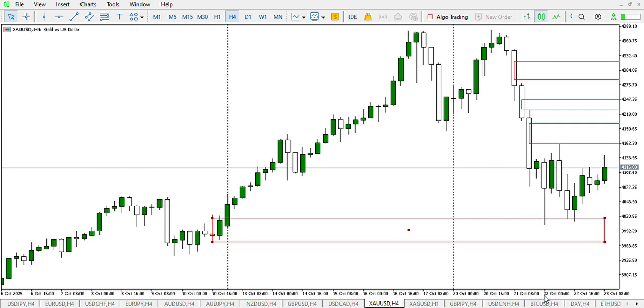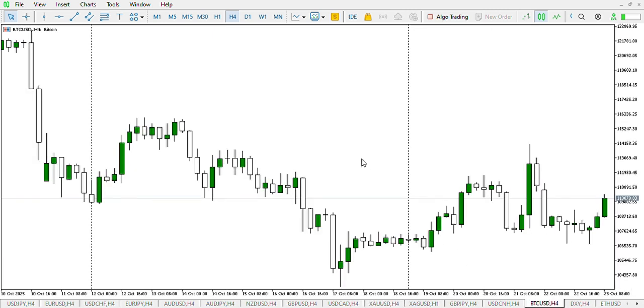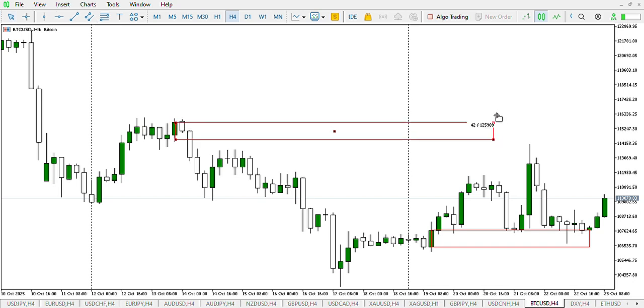On BTC USD, as we marked yesterday, we can see price finding support at this critical zone here. We can see this price action here, so you can expect price to rally further up. However, there is no strong resistance, so you can expect price to rally to this to look for resistance right here.